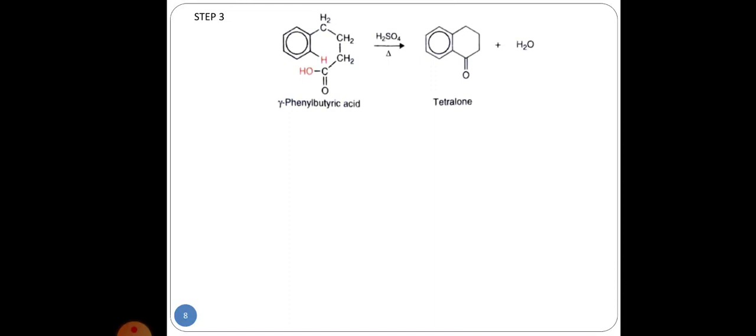As we could see, in case of gamma phenyl butyric acid, the substituent chain is in open form. So here, due to the reaction with sulfuric acid or polyphosphoric acid, this particular open chain gets converted into a ring form, that is ring closure occurs.